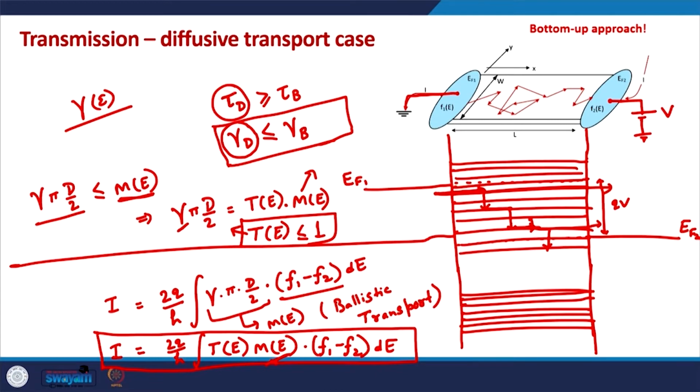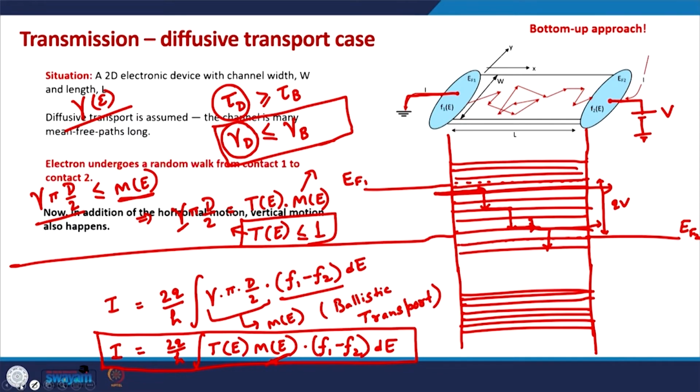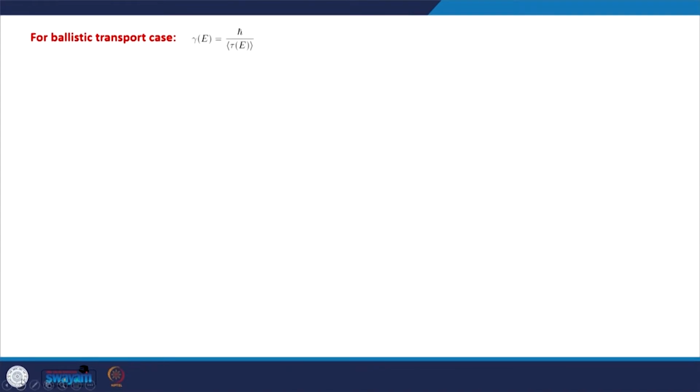That will tell us about the transmission coefficient, and ultimately we would have an expression for current in the case of diffusive transport. So, we will use exactly the same methodology that we used for the ballistic transport case.